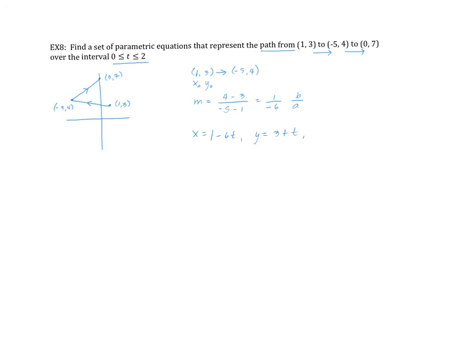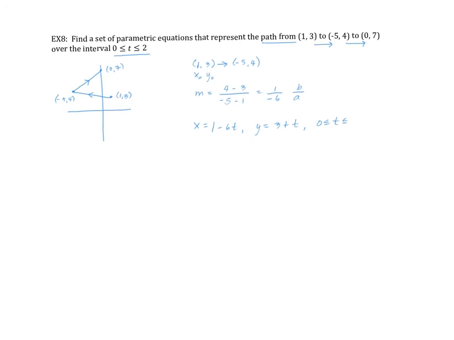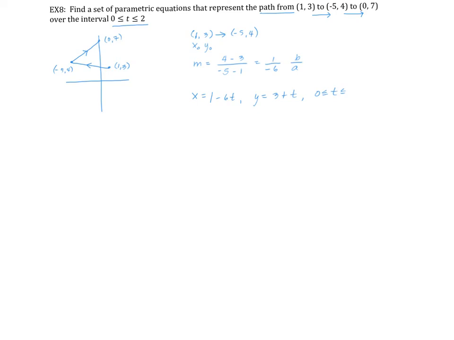So now let's think about our t values. When t is equal to 0, I'm at the point 1, 3. So that's good. When am I going to be at the point -5, 4? For what t value? I want to make sure that that t value is between 0 and 2, right?